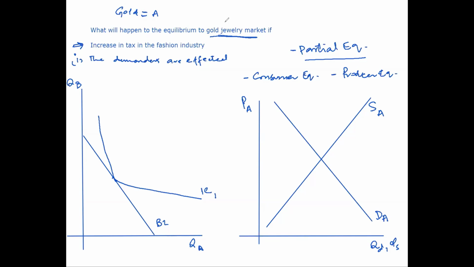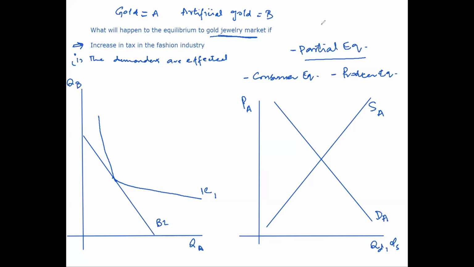We can call its substitute, artificial gold, as B. So we draw the consumer equilibrium, and now we study the statement, how the change is going to happen. Okay, let's take a different color so that I can draw it and show the differences.